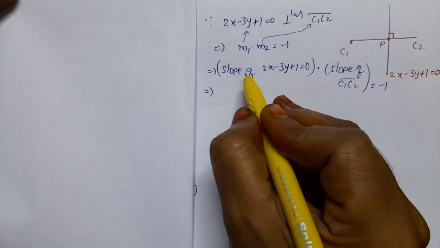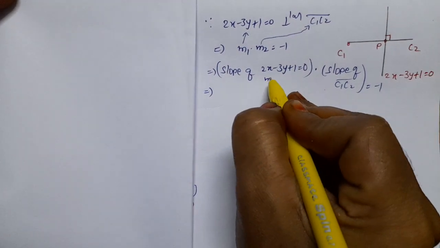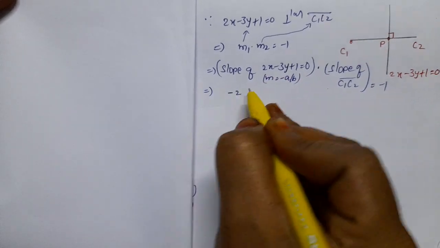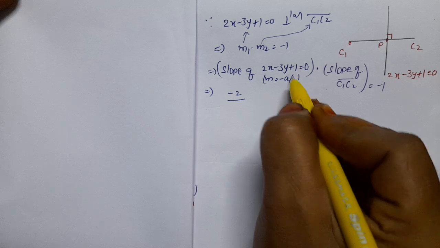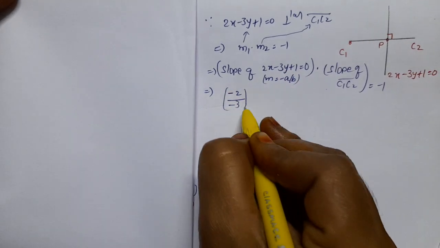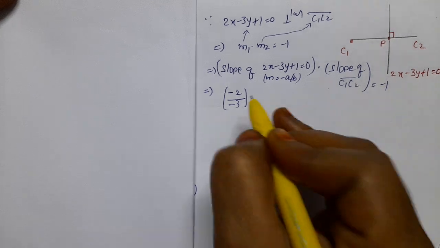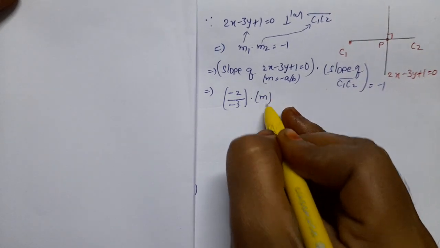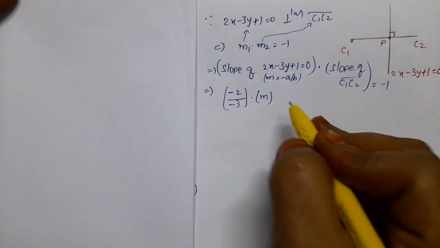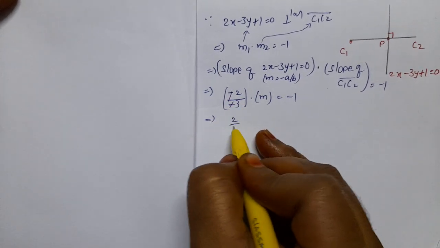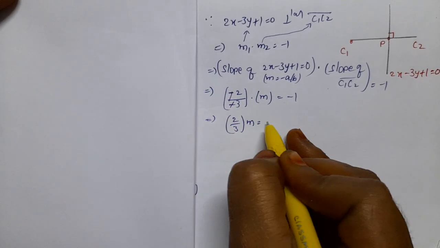The slope of the given line formula is minus a by b, so 2 by 3 into m equal to minus 1.